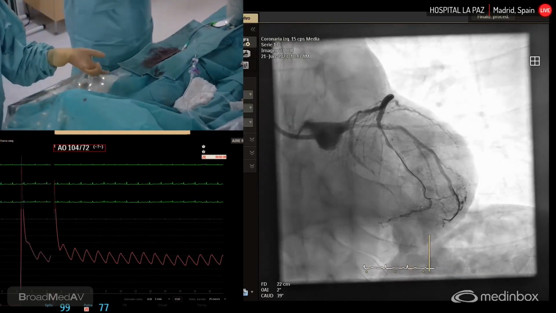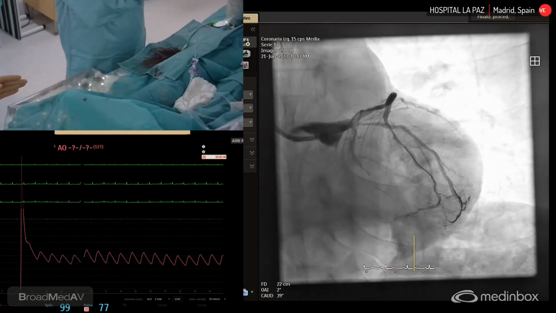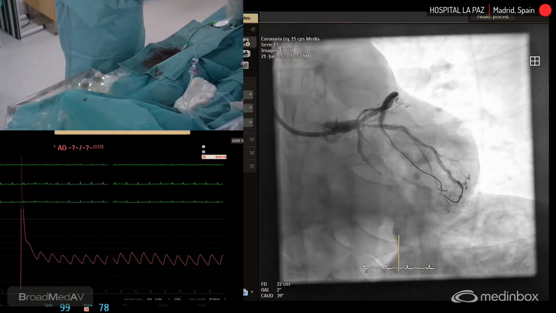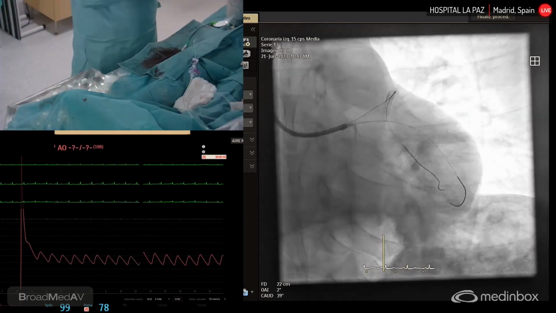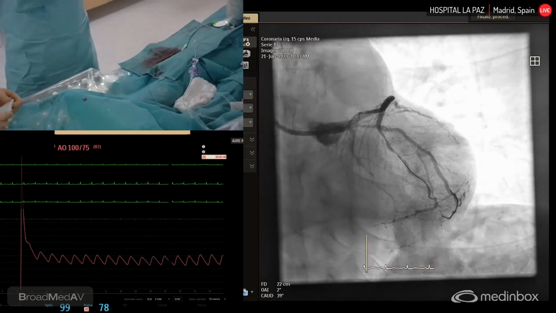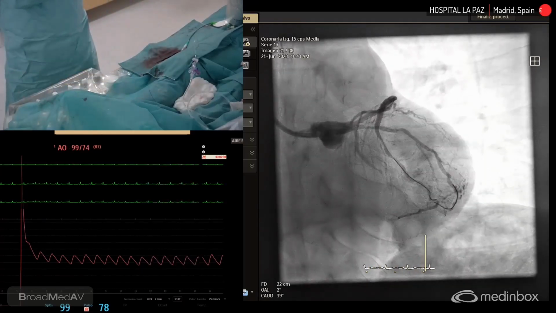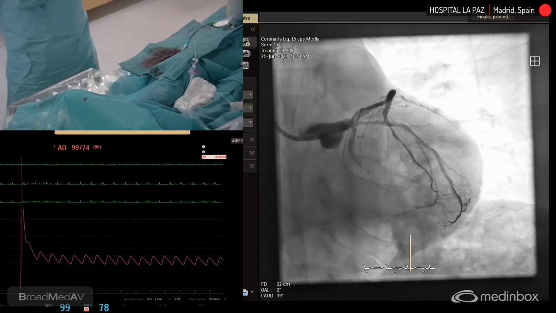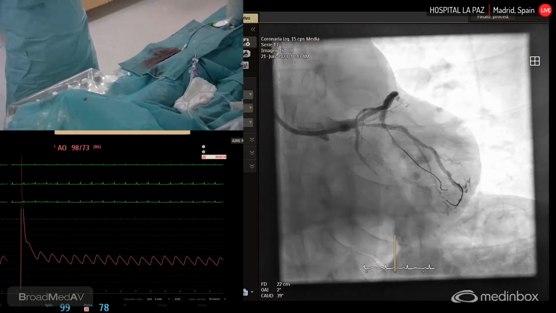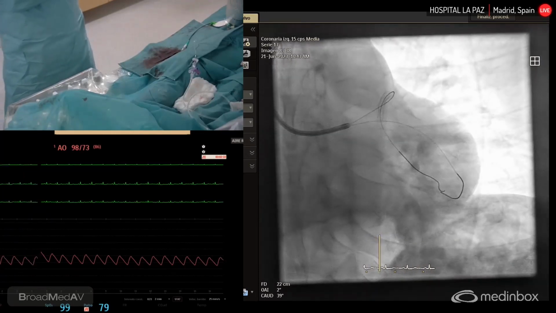Okay. Bueno, we can use a synergy of 2.25 by 18, something like that. 2.25, 15, 18.